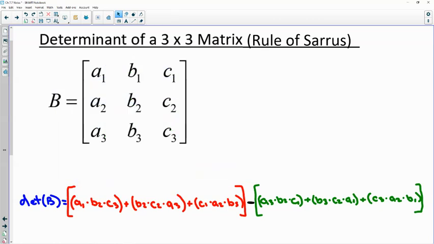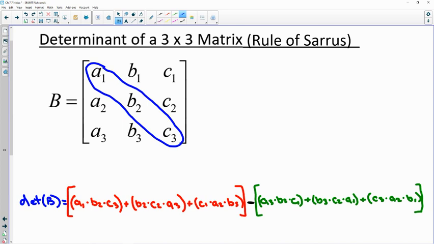And like I was mentioning earlier, in reality, it's really A1, B2, C3, right?